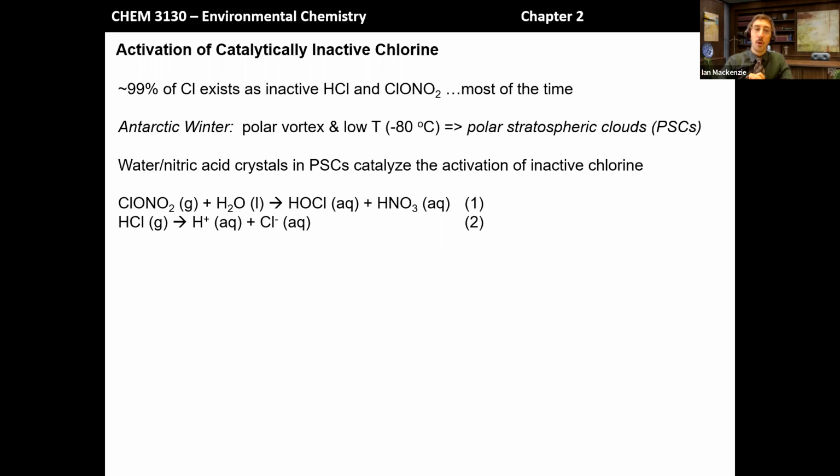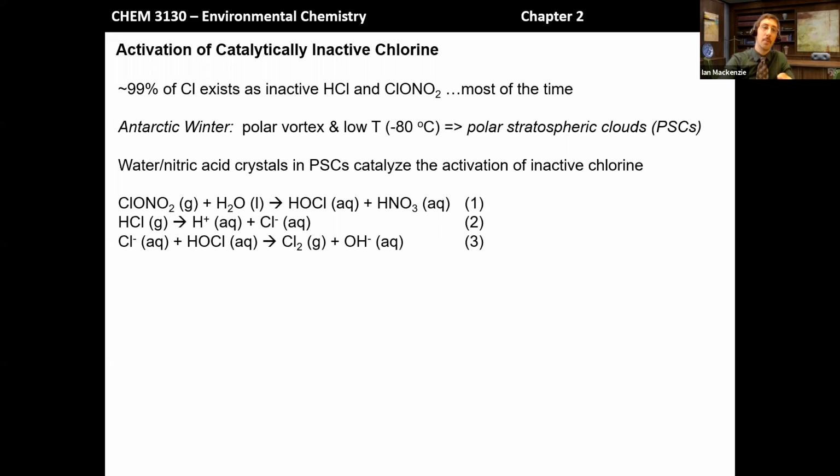Then the other form of inactive chlorine, which is HCl, will also come and react with that water layer on the particle. And just like HCl does in normal aqueous conditions, it will dissociate into its ions. The strong acid, so you get the H+ ion and the Cl- anion.